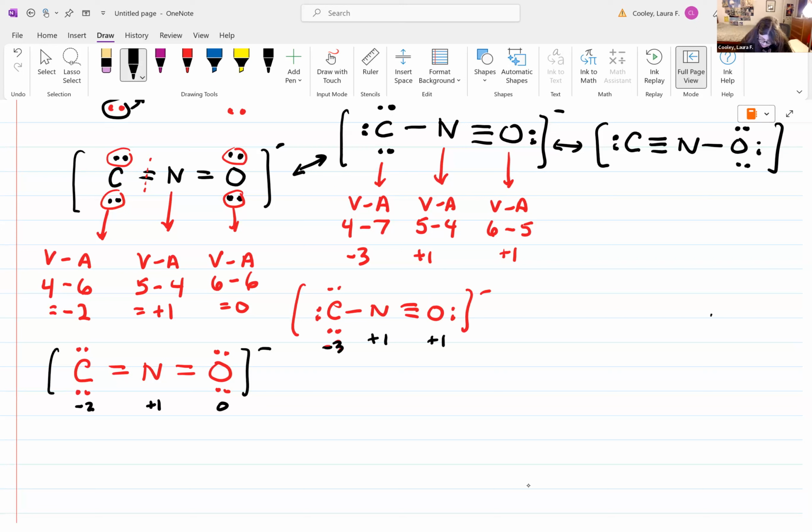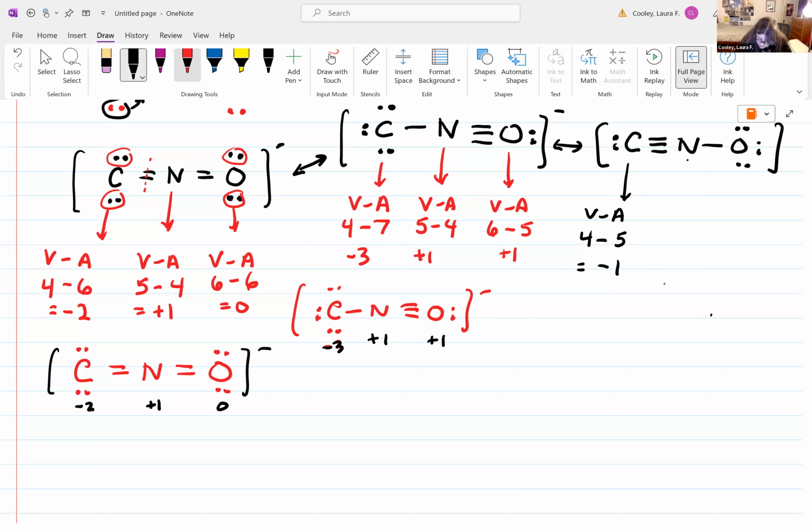Okay. And now this one, the V minus A. Valence is 4, actual is, let's see, 5, right? 5, yep. Equals -1.